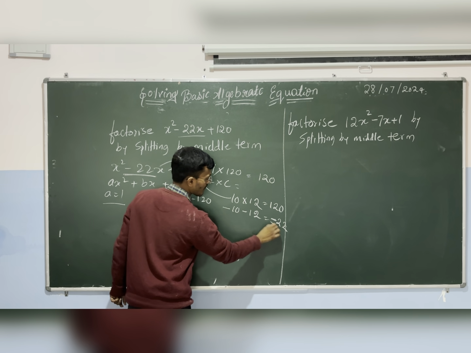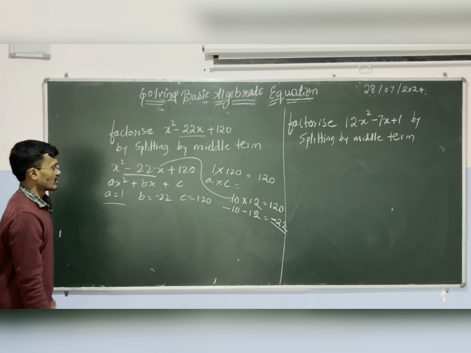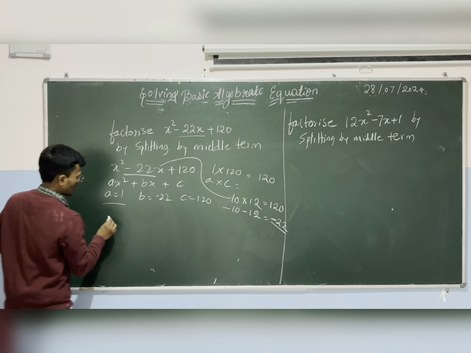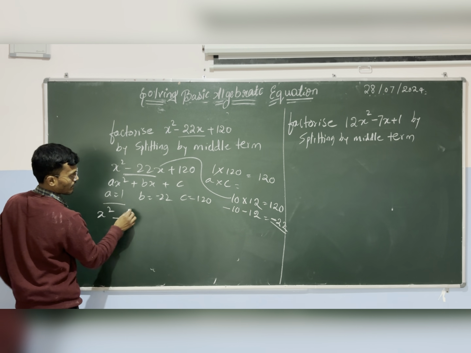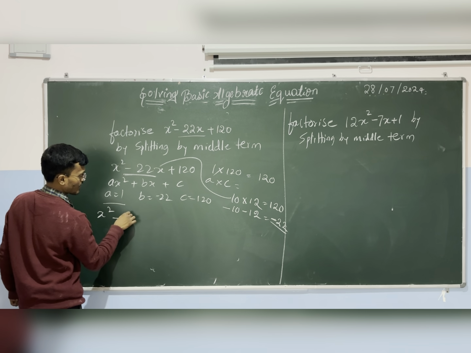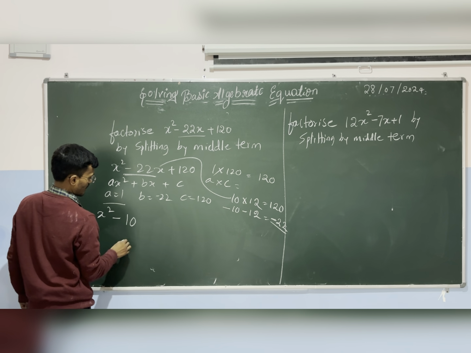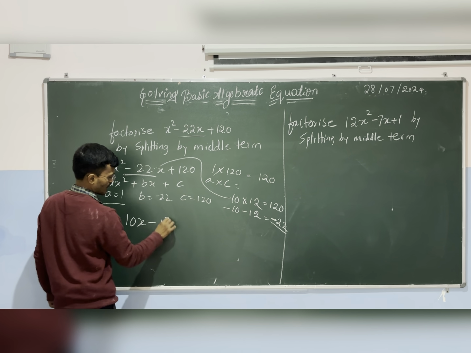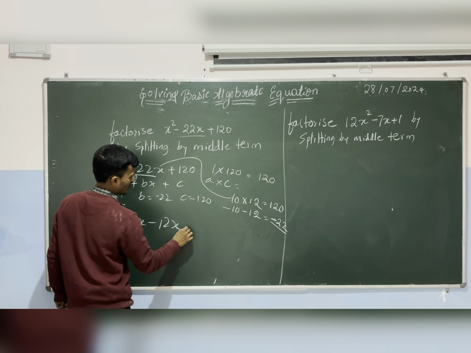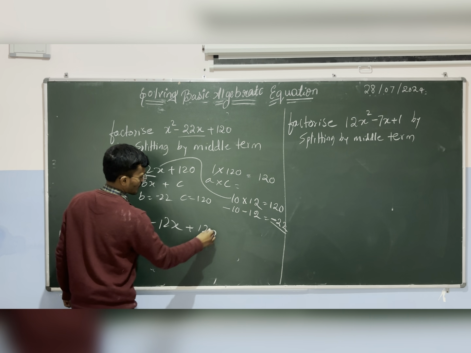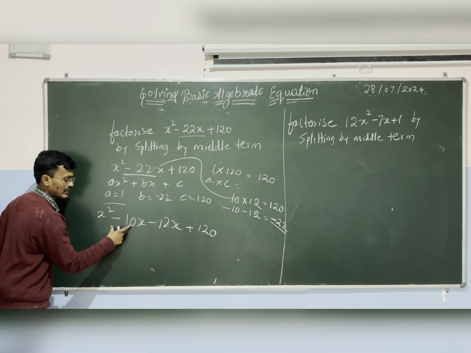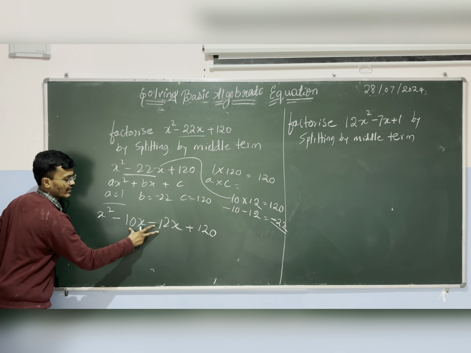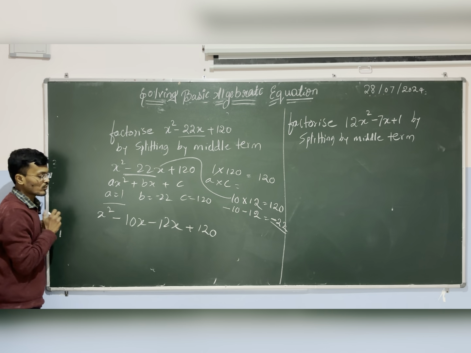Yes, we got minus 22. Write it: x square minus 10x minus 12x plus 120. Minus 10x minus 12x is minus 22x.